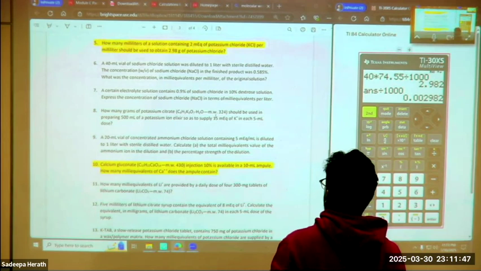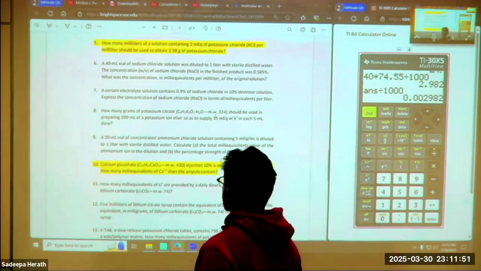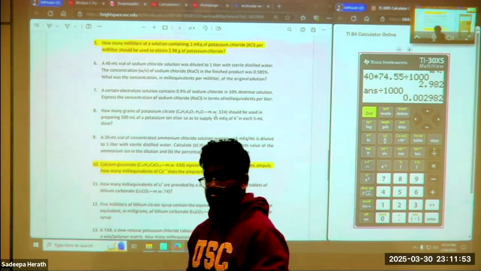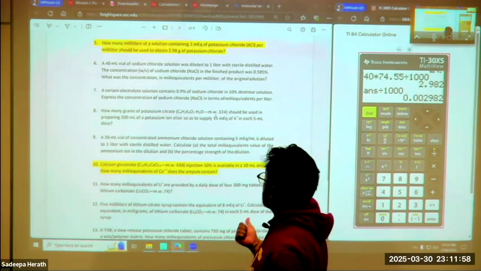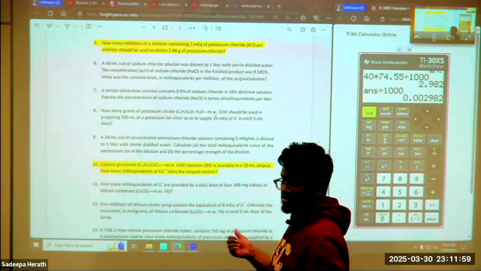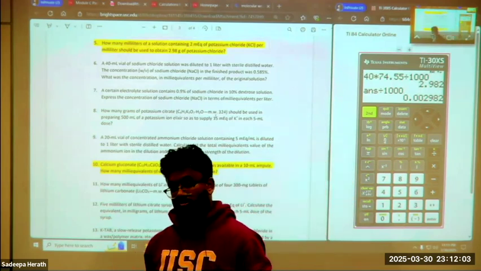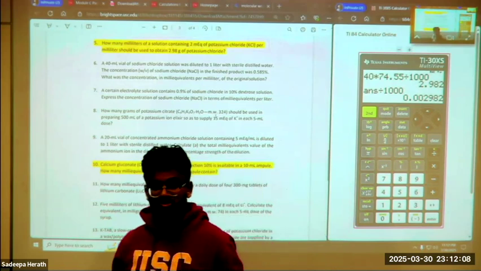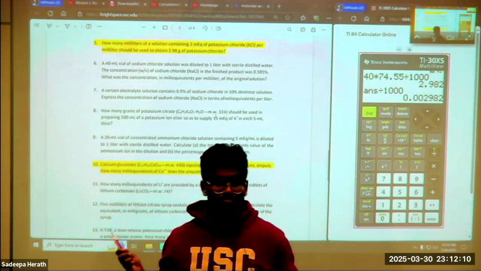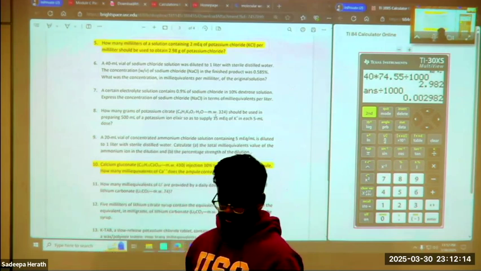So we're given an amount of potassium chloride, 2.98 grams. They're asking for milliliters of a solution containing a certain strength per ml. Based on how we've been approaching these problems, we know that 2 MEQ per ml is our conversion factor.